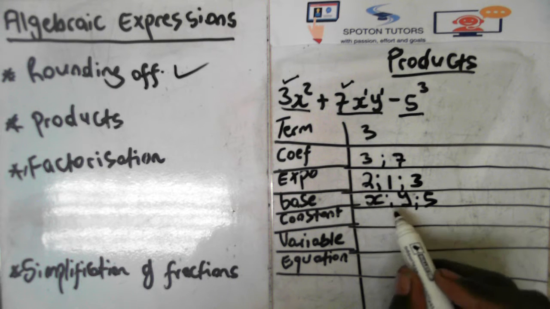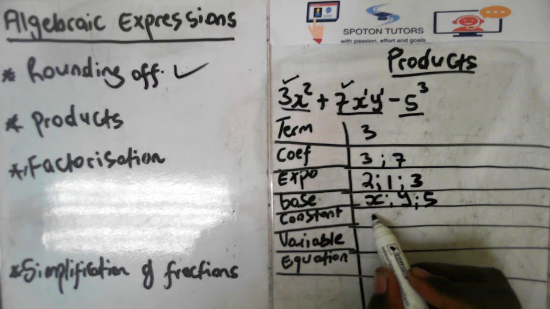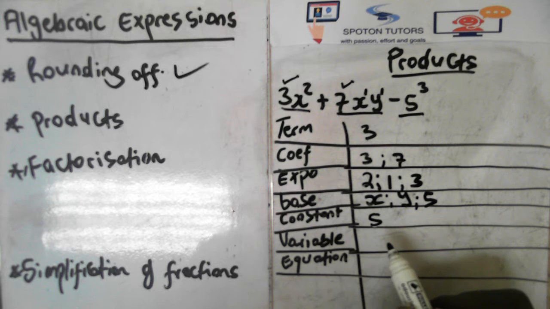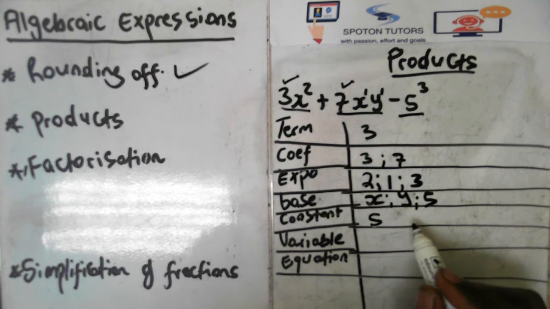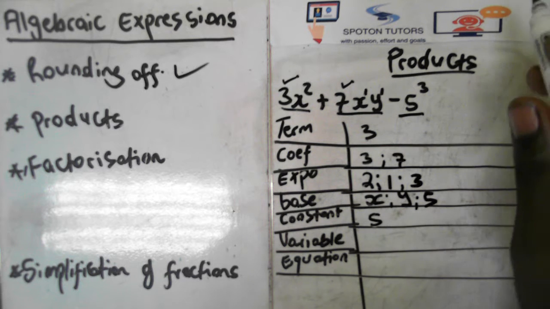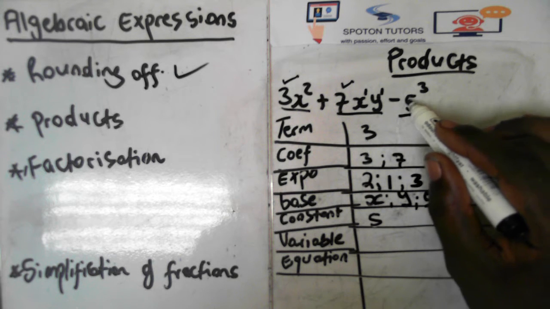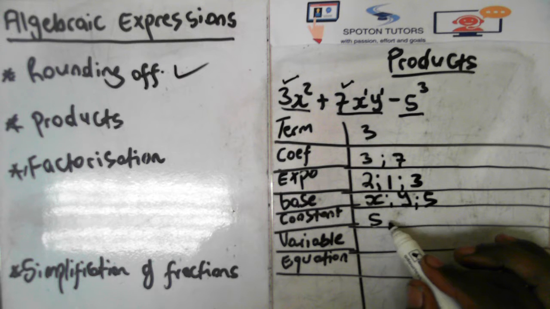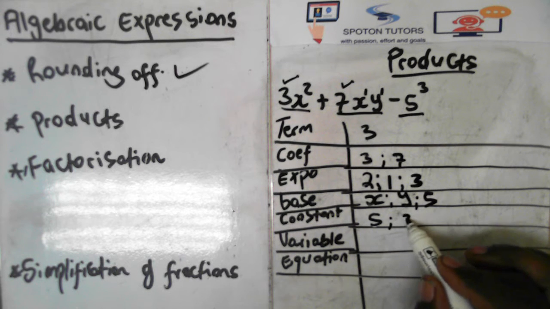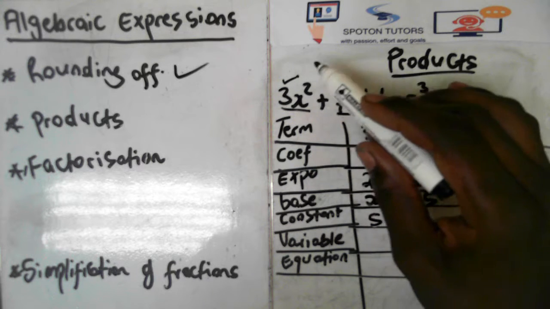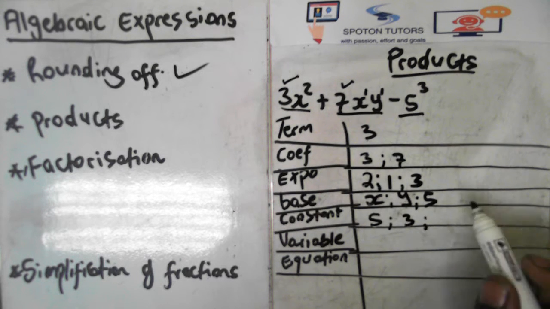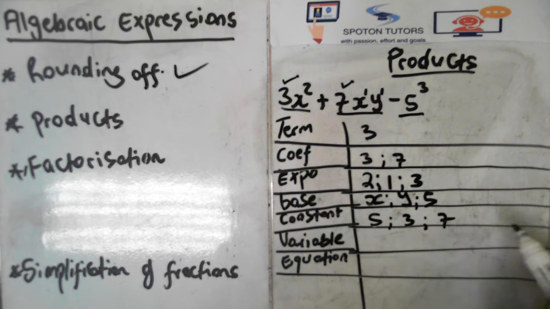Yes, I would say 5 is a constant, but with a condition that if you simplify it, it's not going to be 5, it's going to be 5 times a certain value. But in this case, let's just say this is a constant on its own. One can also add that 3 is a constant here, even though it's a coefficient, and 7 is also a constant.